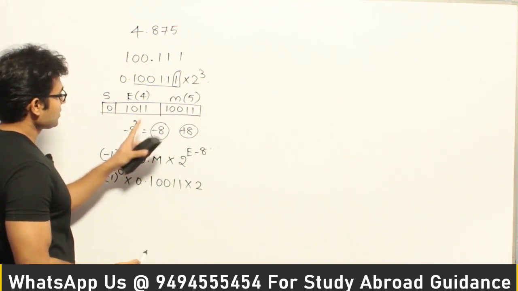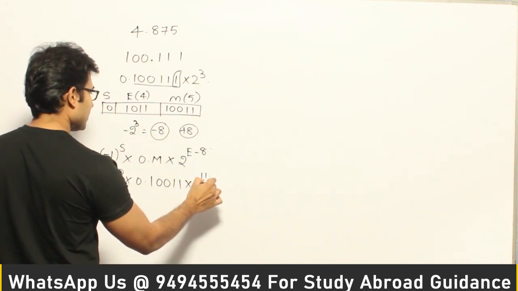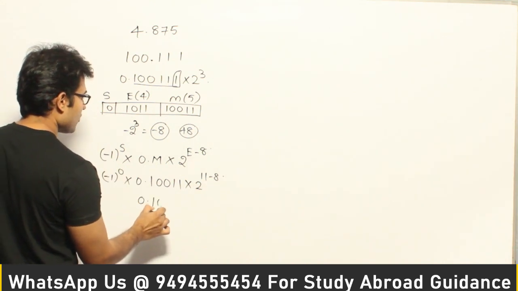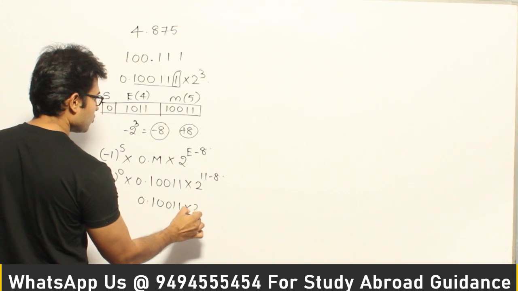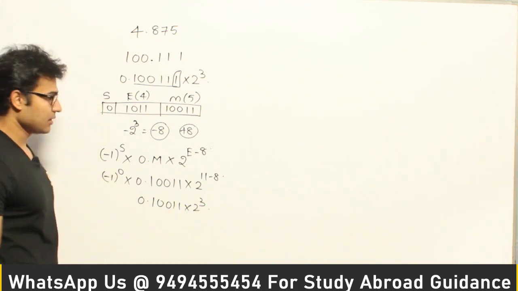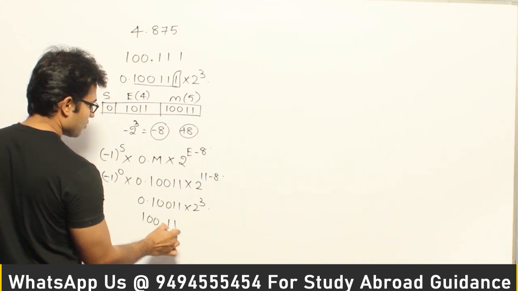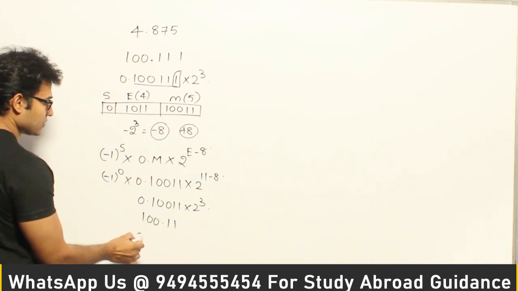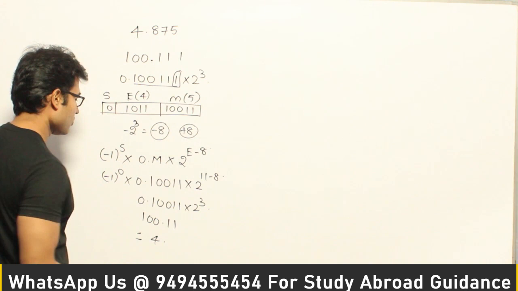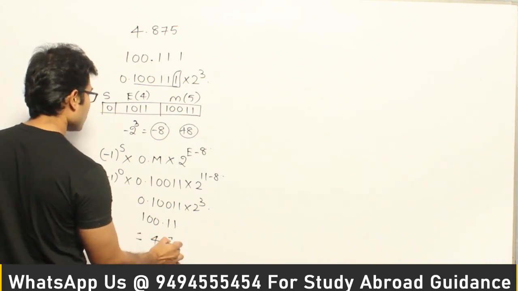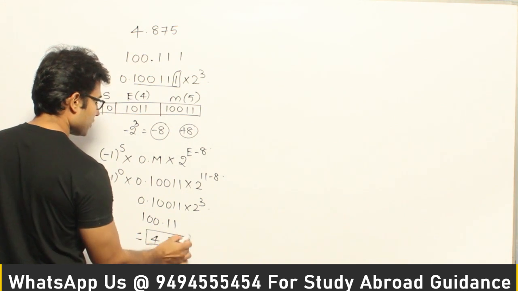Here e is given as 11, and 11 minus 8 is 3. So I am going to get 0.10011 times 2 power 3, right? Which is going to be 100.11. Now if you convert this value back, you get 4 and 0.5 and 0.25, which means 4.75 is what you get.